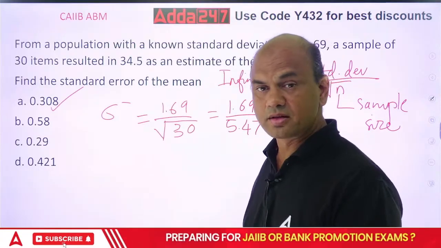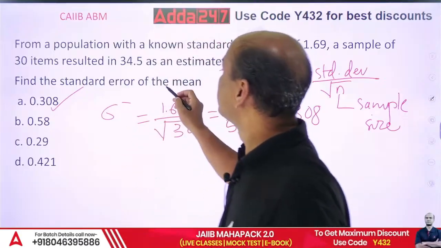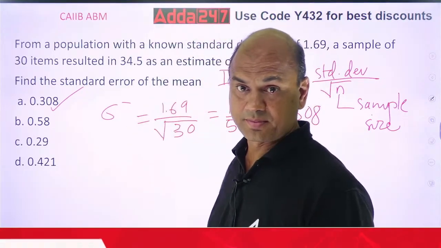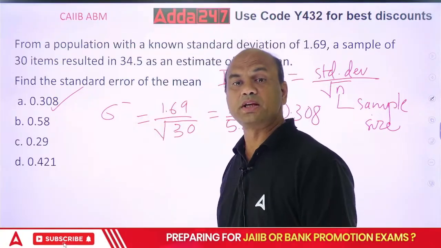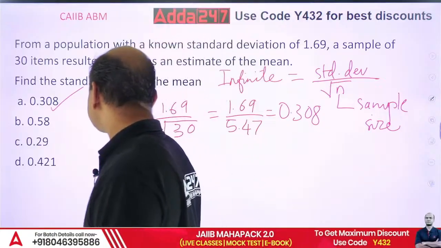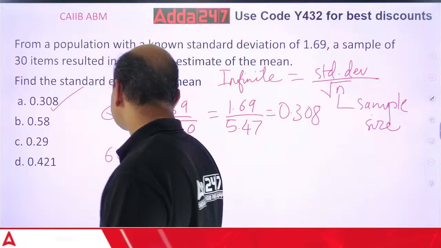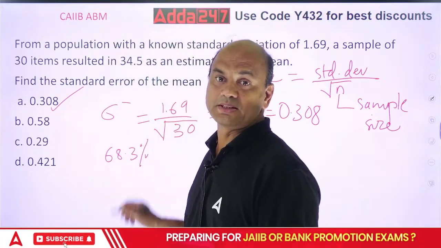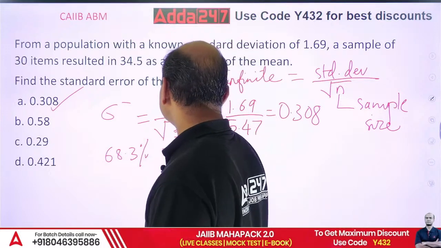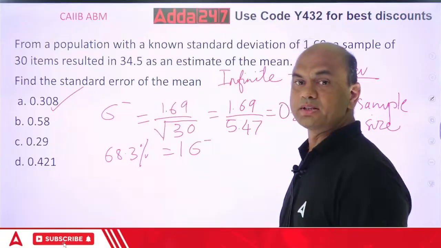But further, if in exam they ask you, find the resulting mean of the population, using 68.3% confidence, then the answer will be 68.3 means 1 psi dash, 1 standard error.